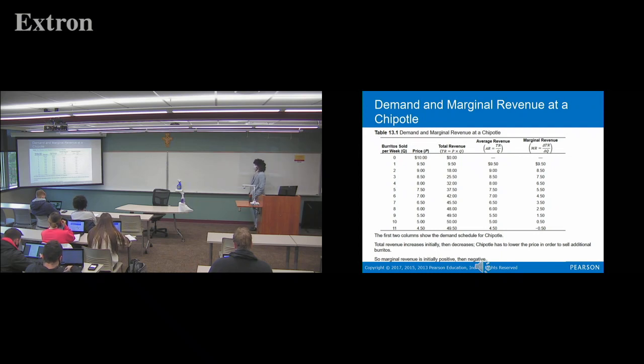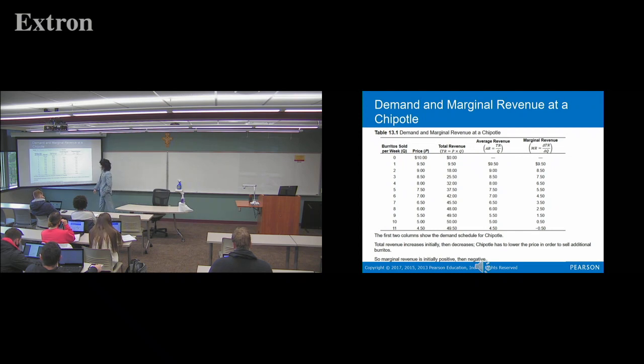All right, so let's go back to the demand, the marginal revenue, total revenue, this boring slide that shows everything. What we see here is as Chipotle increases their price from $4.50 up to $10, they're going to sell fewer and fewer burritos. That's our downward sloping demand curve.